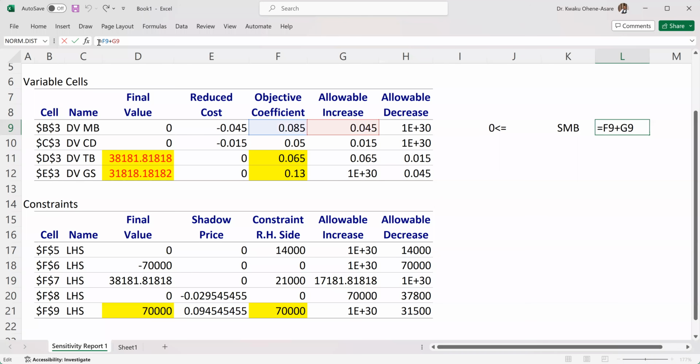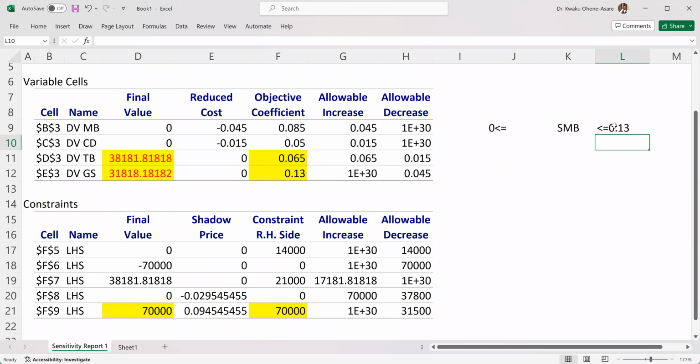I know this is going to change because it's a formula, so obviously you will not get the value. So this is how it's supposed to be in reality. So the sensitivity range for municipal bonds, write it down, is 0 to 13%.